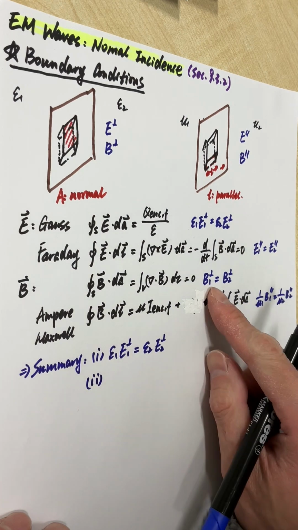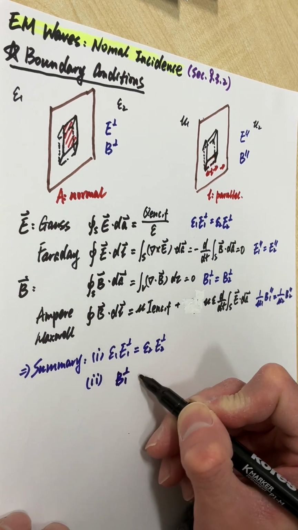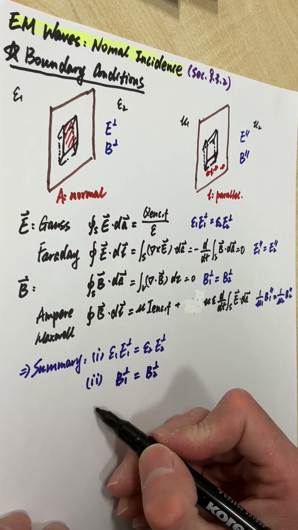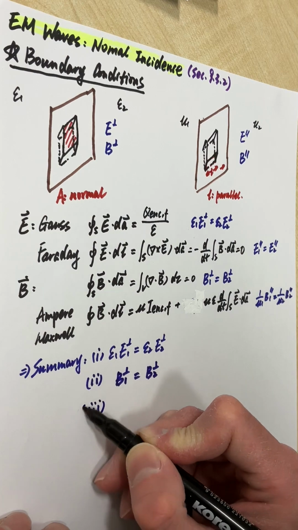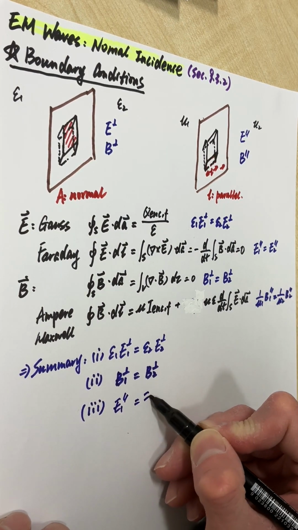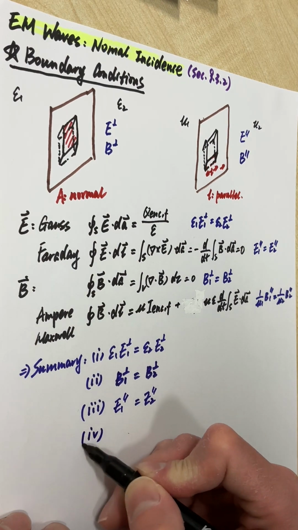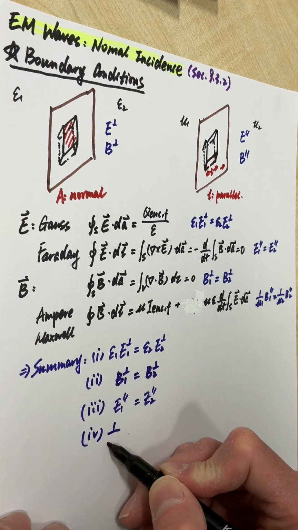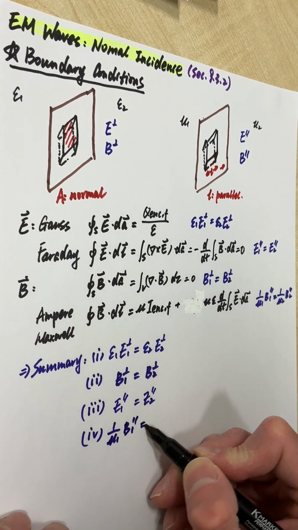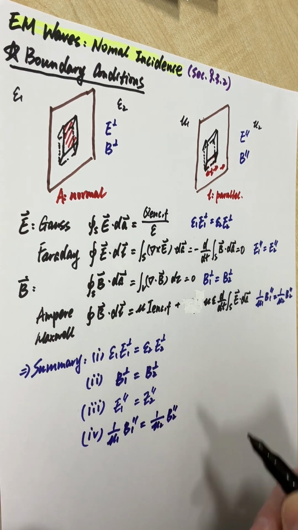Then let's write normal components together first. We have B1 normal component equal to B2 normal component. The third boundary condition, we have E1 parallel component equal to E2 parallel component. And then the last one, we have 1 divided by mu1 B1 parallel component equal to 1 divided by mu2 B2 parallel component.